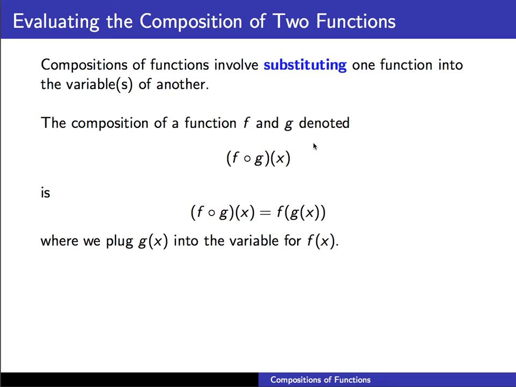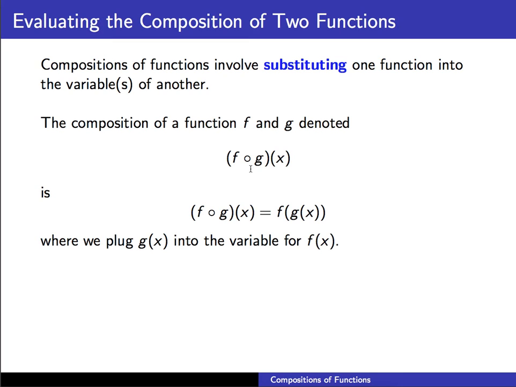So the composition of a function f and g is denoted f, then an open circle, and then g of x, and it means f of g of x. And that's how we read this, f of g of x, where we're going to take g of x and plug it in for the variables in f of x. So this open circle, again, means function composition.